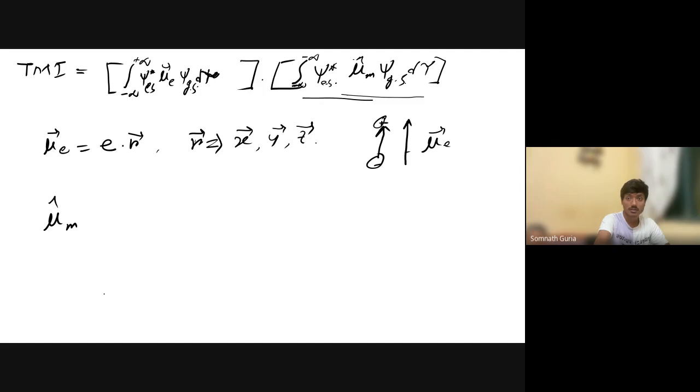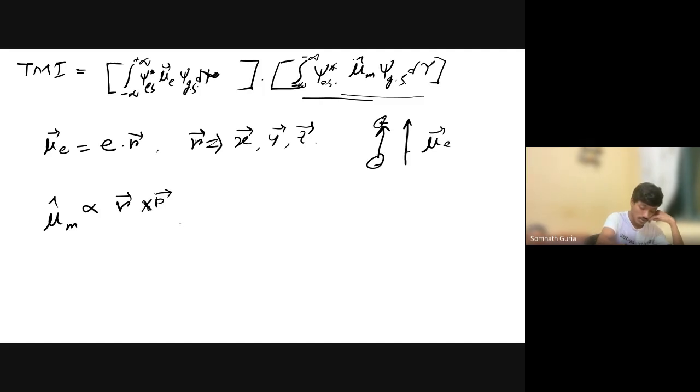Okay, this is the mu m, which is proportional to r cross p. R is the distance. Oh, sorry, p is the momentum. P is the momentum. This is the vector product.